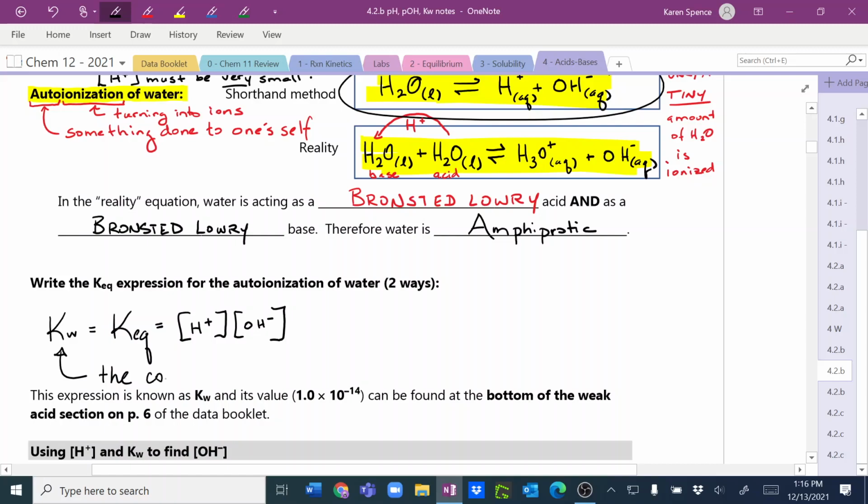And it is the constant, the equilibrium constant for the autoionization of water. Constant has an S in it.